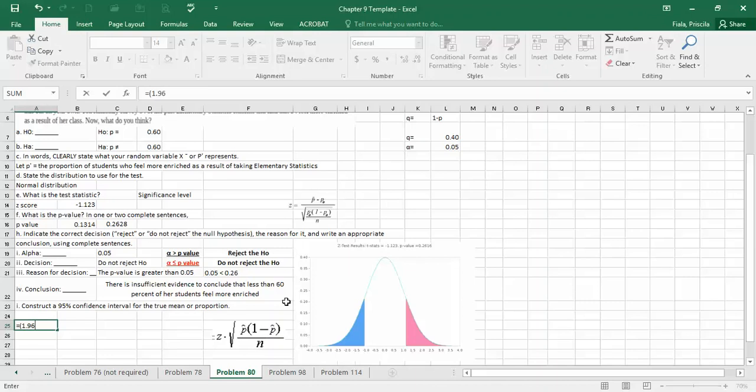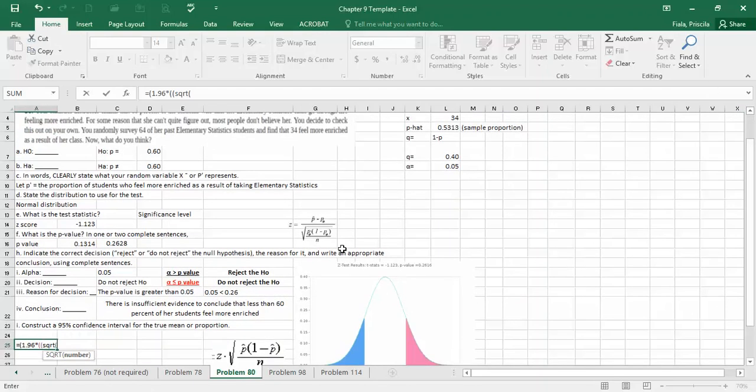So 1.96 times the square root of my p hat, my sample proportion over here, times 1 minus my p hat, divided by my sample size.